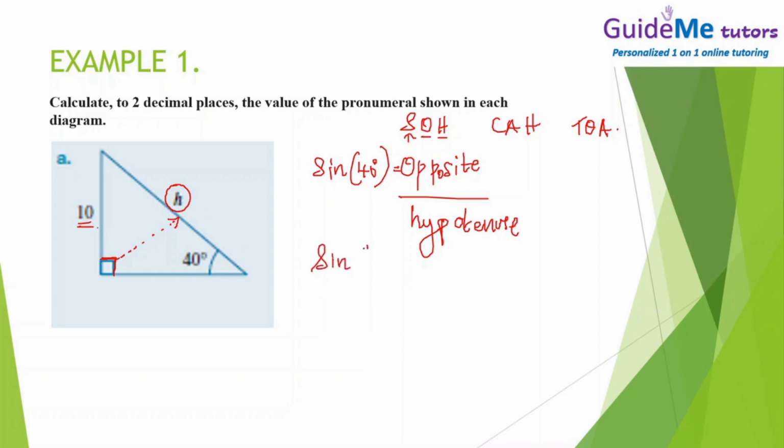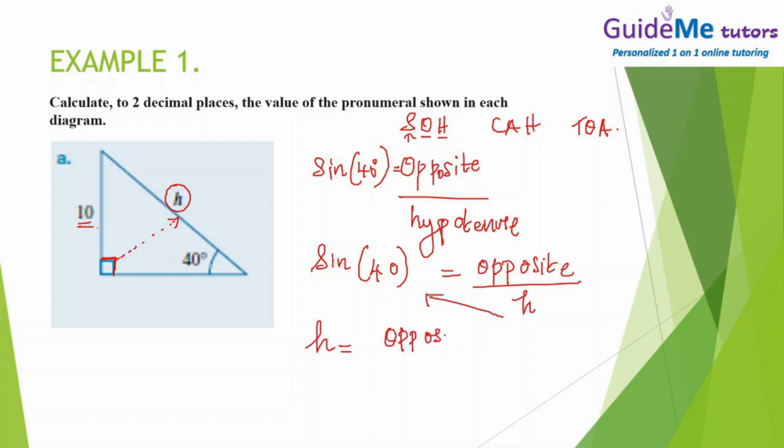I'm going to substitute in the place of hypotenuse, so we can write opposite over h. Taking the h to the other side, by the transposition rule, h is equal to opposite over sine 40. The opposite side is 10, so 10 over sine 40.